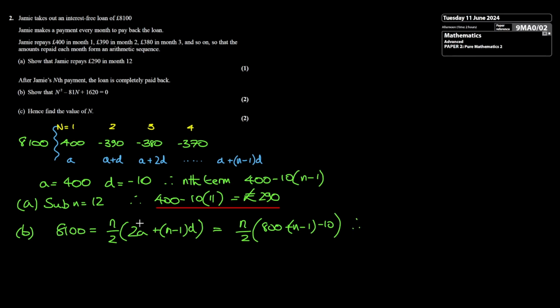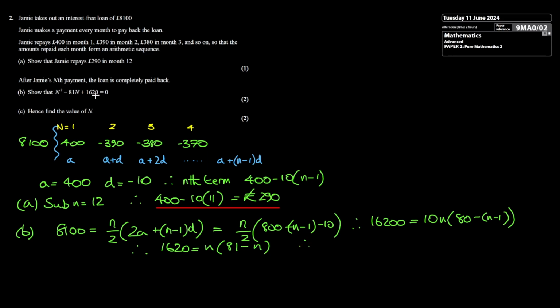So therefore I can say, let's multiply across by 2. I can take a 10 out of this bracket, so this is 10n, so this will be 80 minus n minus 1. So therefore, dividing both sides by 10, I get 1620 is equal to n, 81 minus n.